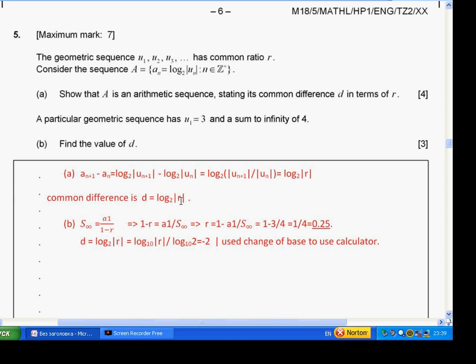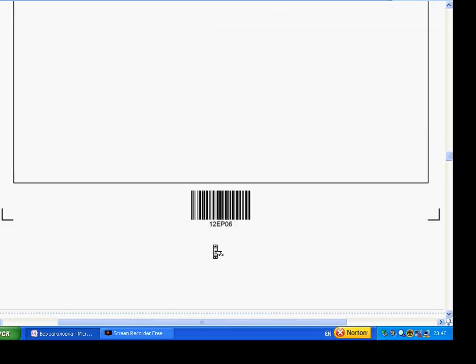Now we substitute this r into the formula for the common difference because we should calculate it. Here, to use a calculator, we change the base to 10. So the base was 2, now it is 10. This is why we divide by the log of the old base with 10. We use the calculator and we get minus 2. Question is done.